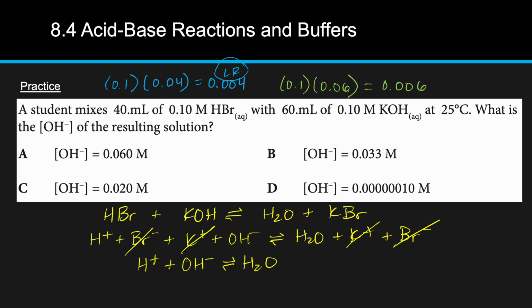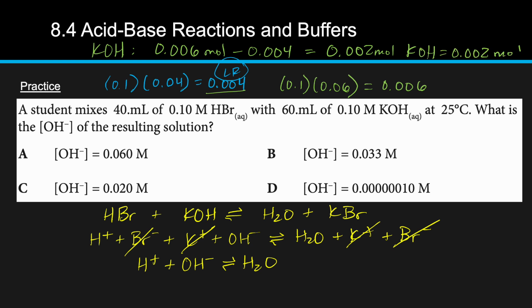So if I'm looking at KOH, I'm starting with 0.006 moles. Because I have to use 0.004, I'm going to be left with 0.002 moles of KOH, which is equal to 0.002 moles of hydroxide ions.